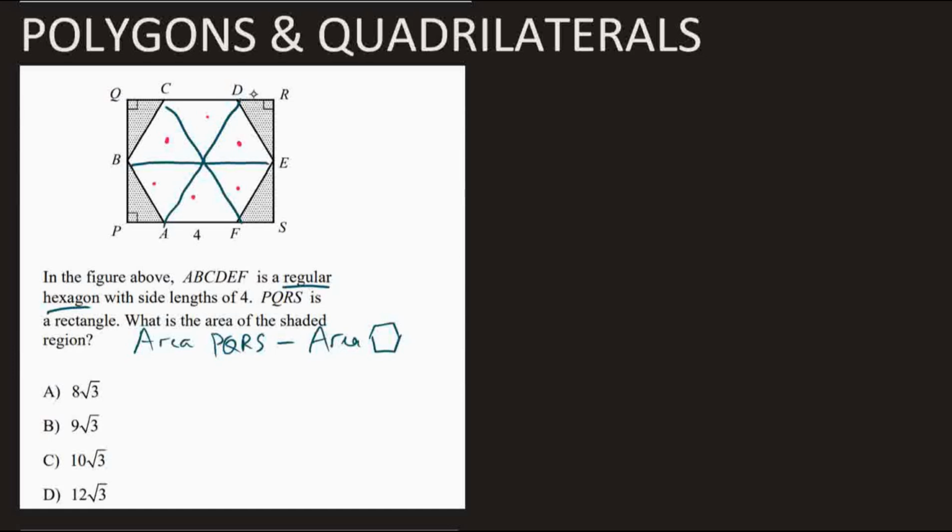It consists of 6 triangles with a base of 4. Now since a hexagon, we know that the angle in here is 60 degrees, because 360 divided by 6, there are 1, 2, 3, 4, 5, 6. So the angle is 60, and then it means that this is an equilateral triangle.